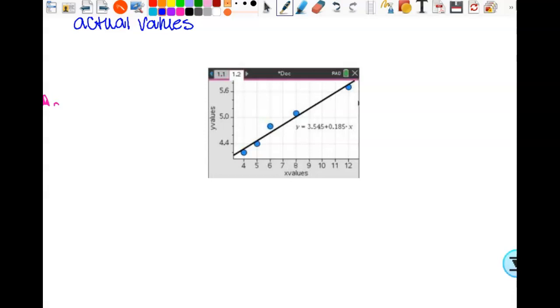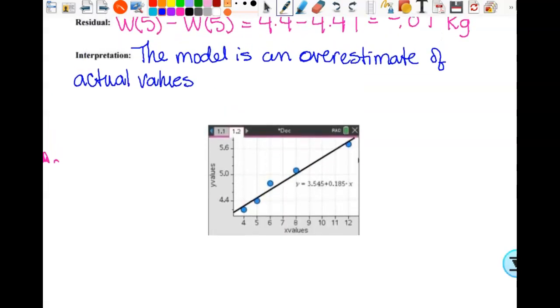And so we can see that, first of all, is this model always an overestimate? No. At 4, it's an overestimate. At 5, it's an overestimate, and that's what we're talking about right now, right? At 6, it's an underestimate. At 8, it's an under, and at 12, it's an over. So I wanted you to see this so that you could understand why we can't just stop our explanation here.